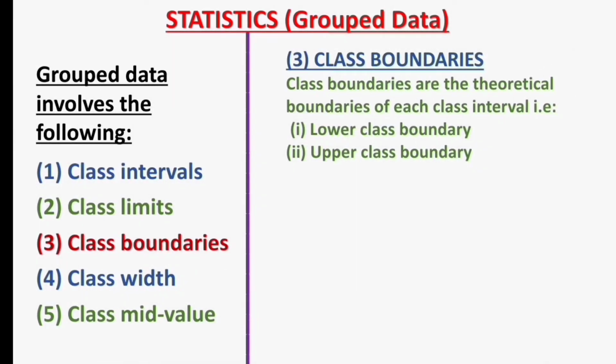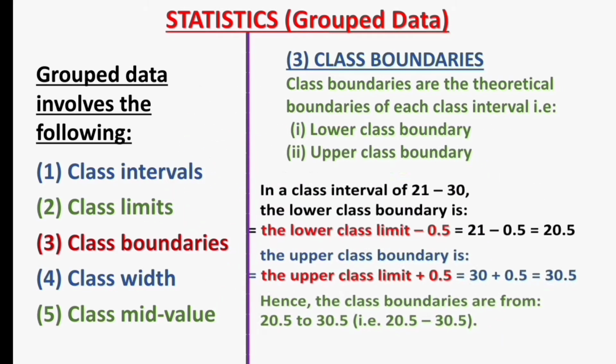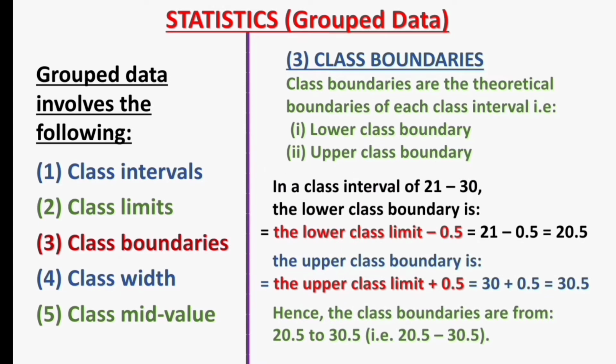Number 3, class boundaries. Class boundaries are the theoretical boundaries of each class interval. That is, the lower class boundary and the upper class boundary. In a class interval of from 21 to 30, the lower class boundary is the lower class limit minus 0.5, which is 21 minus 0.5.